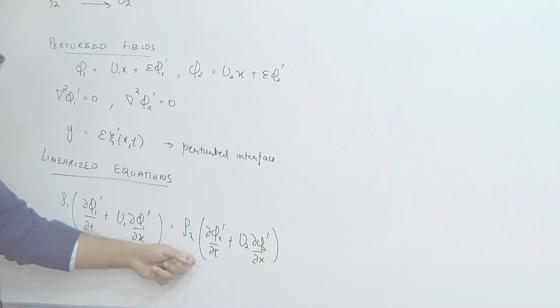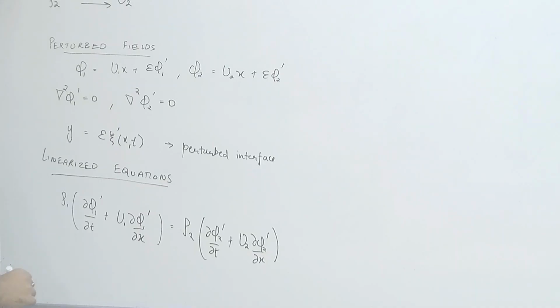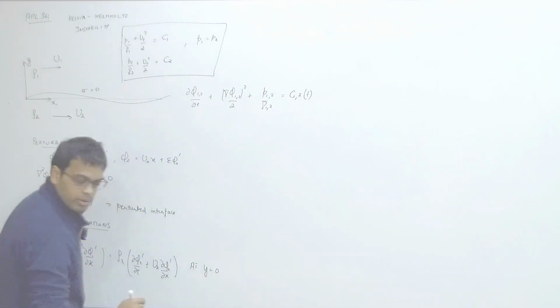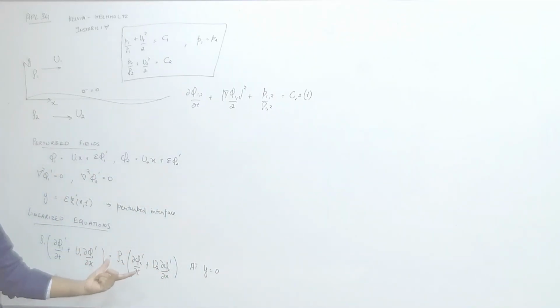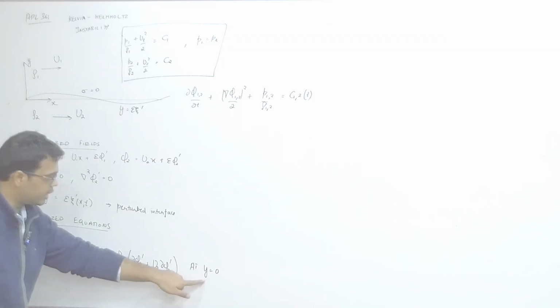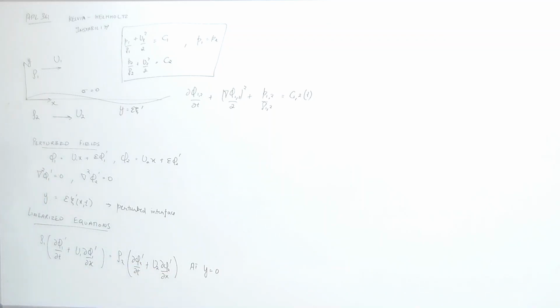This is your linearized dynamic interface condition. So this is applied at y equal to 0. You apply obviously the dynamic interface condition at y equal to epsilon c prime, but then you use the Taylor expansion and apply it at y equal to 0 in the linear approximation.